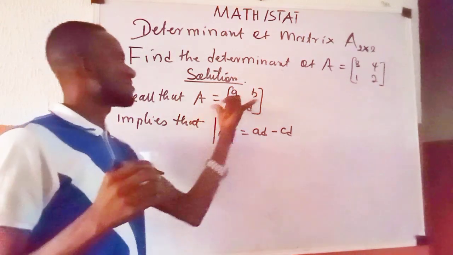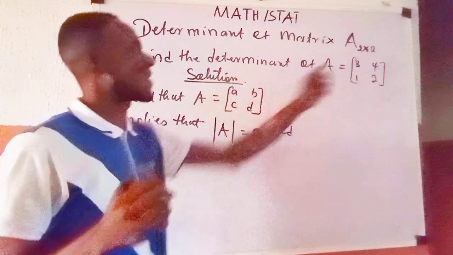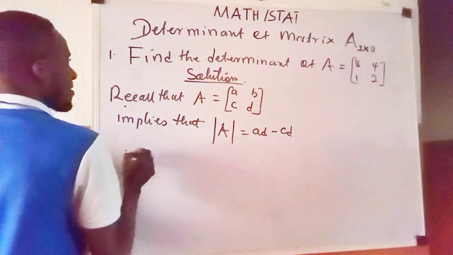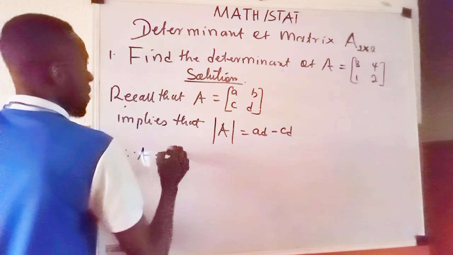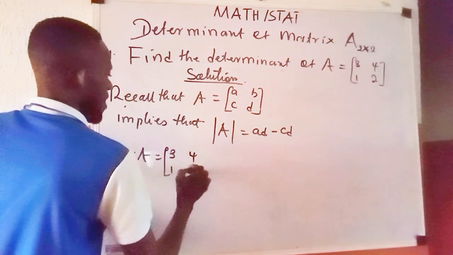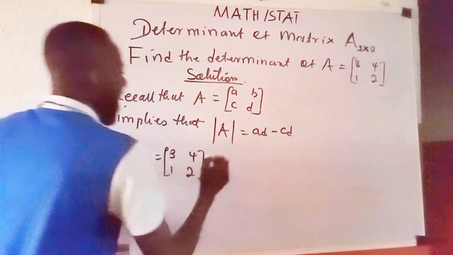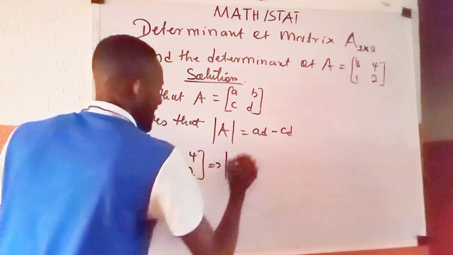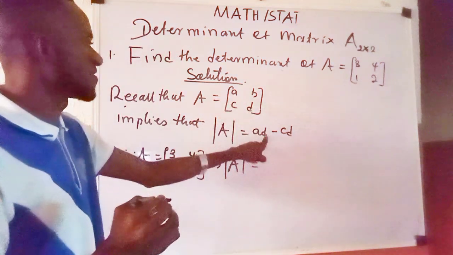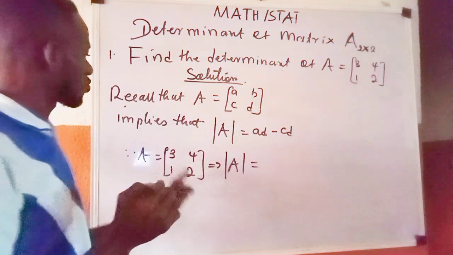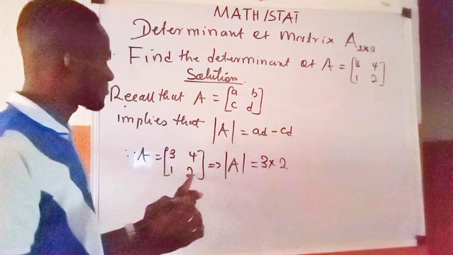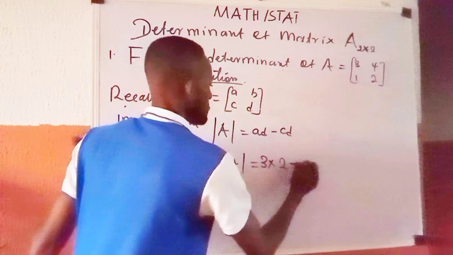So just comparing this particular matrix here with what we were given, we now say, therefore, A equals 3, 1, 4, and 2, which implies that the determinant of A is given as, here was AD, so it's 3 times 2, and the sign here is minus.